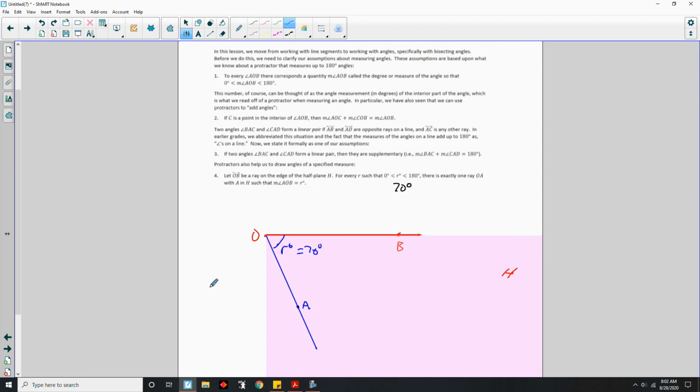So I could be over here, but I'd still be on H. That is the only change I would have to make, is bringing this over like so. But if I pop my angle over here, that would be more than 90. It goes all the way up to 180. So there's only one point in the plane that would create a ray, that would create an angle where R is 70 degrees.